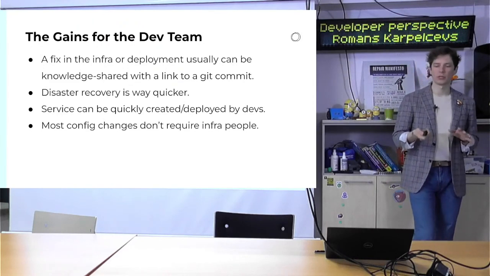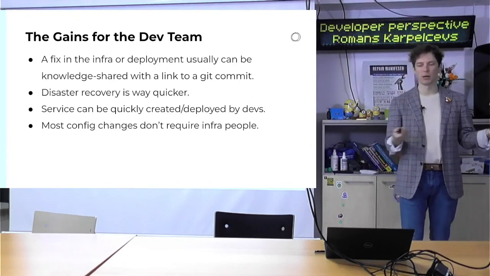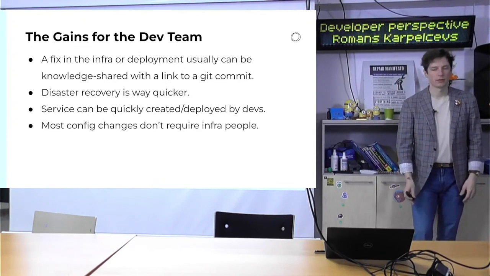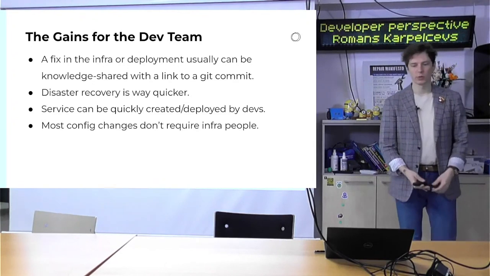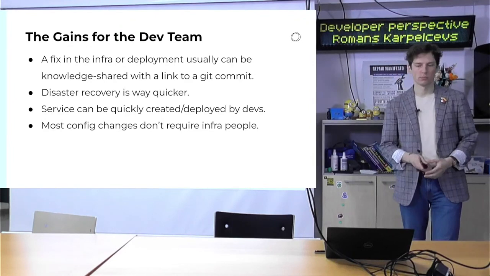And you can fix each other's things by a Git commit and then talk about it on a pull request. That's really amazing. And disaster recovery is way quicker because through Argo, reverting right now is very simple.